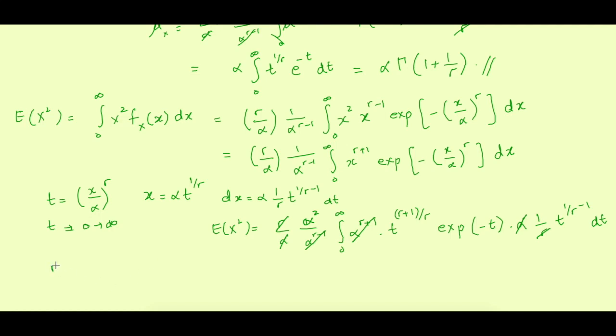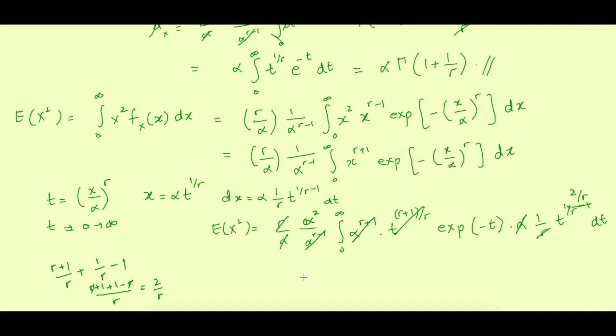So let's do it here, r plus 1 over r minus 1 over r, correct? So what we can do is we can say r plus 1 minus r, because this one is r over r. This goes, so I have 2 over r. So this leaves me with 2 over r here.